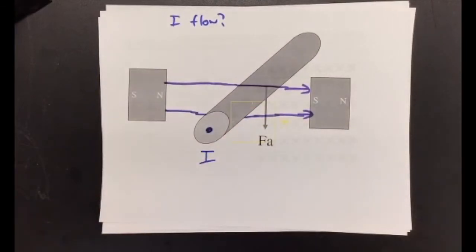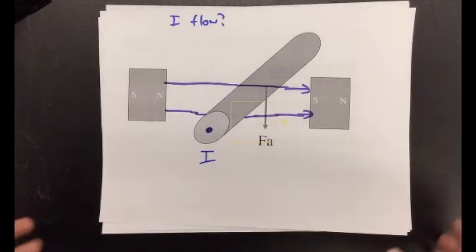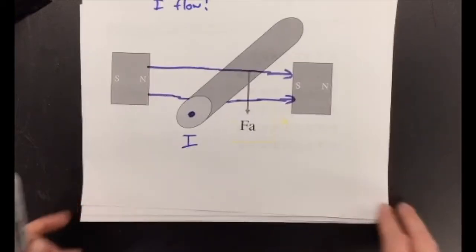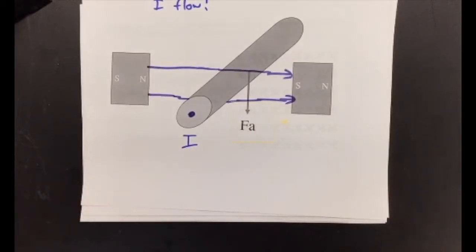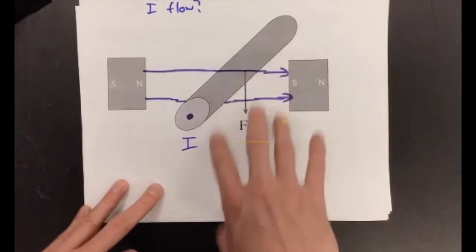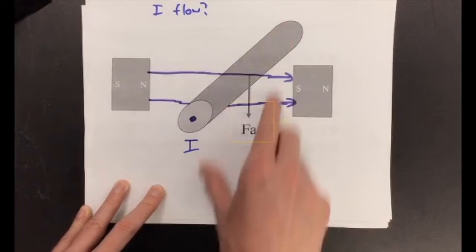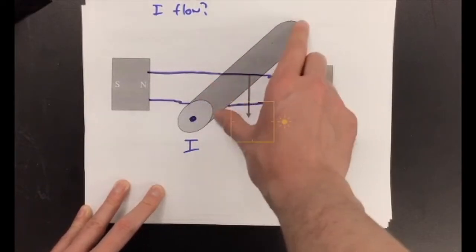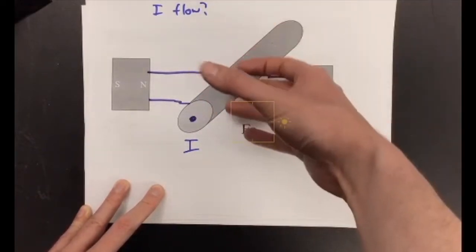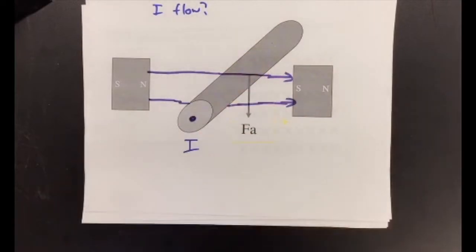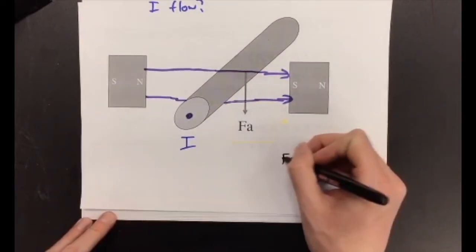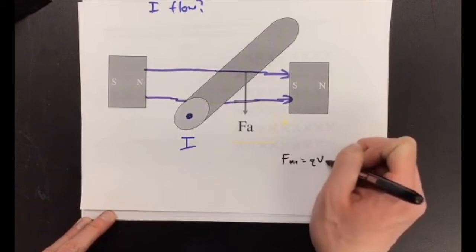Now, this also explains why the magnetic field needs to be changing, otherwise there's no current. Remember, by moving the conductor, I'm causing a change in the magnetic field because it's moving through a different part of the magnetic field. And if I stop moving it, what happens to the V of the charge? Because remember, the magnetic force equals QVB.